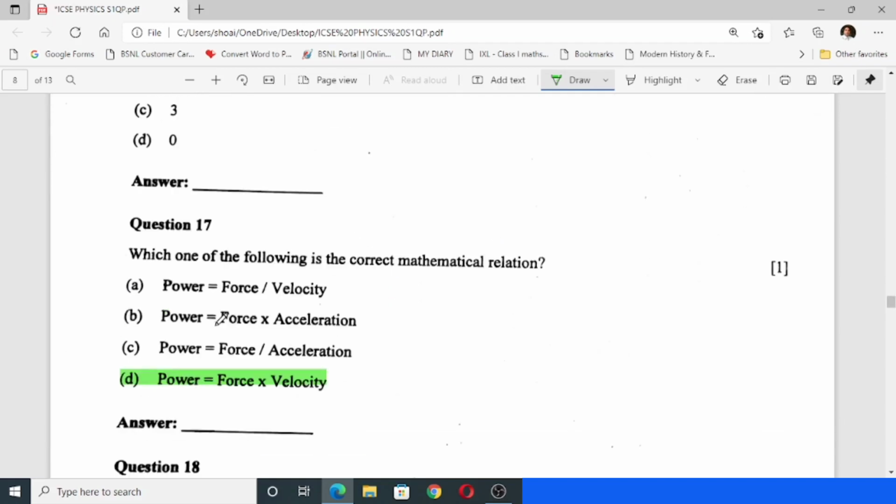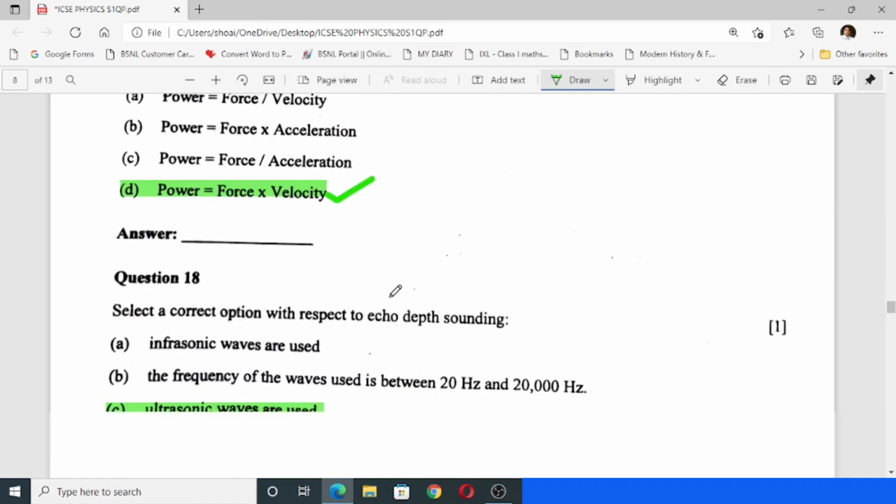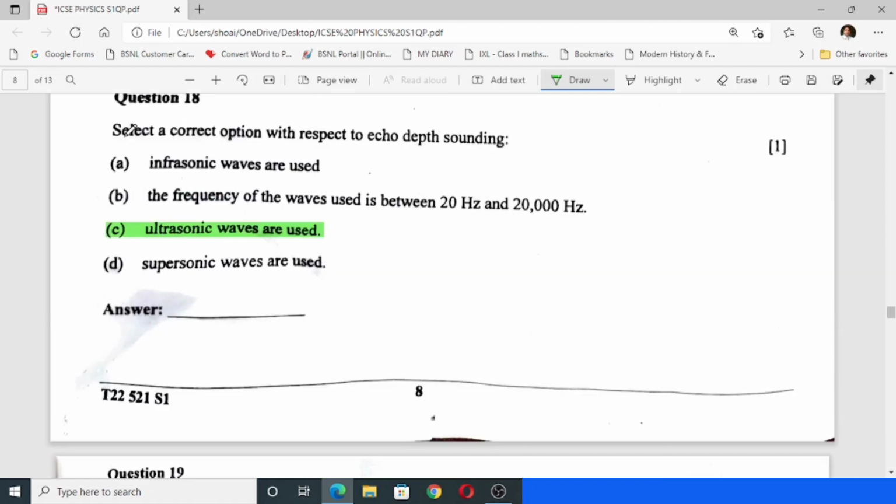Number 17, which one of the following is the correct mathematical relation? Answer is D, power equal to force into velocity. Then question number 18, select the correct option with respect to echo depth sounding.